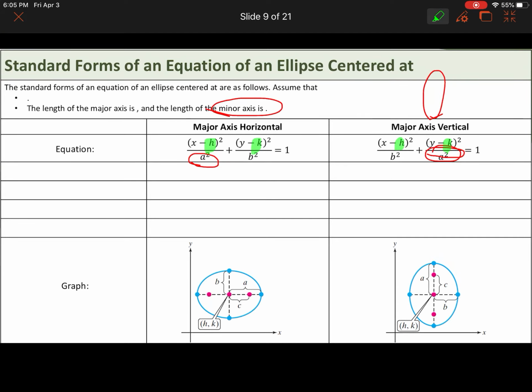So it's telling us that the center of the ellipse is going to be the opposite of whatever that shift is inside that x minus h and the squared, right? And we'll look at some examples. It'll probably be clearer after we look at some examples. Okay, so the center is (h, k) on both of them. h always goes with the x, and k always goes with the y.